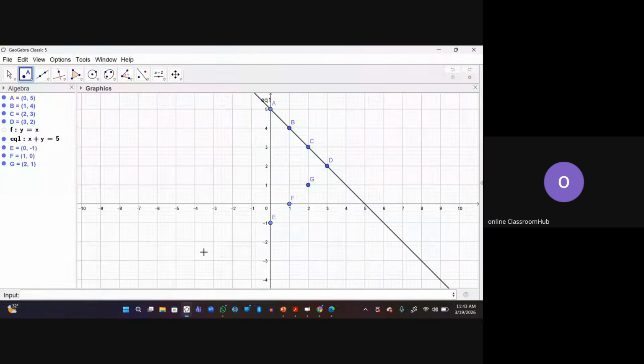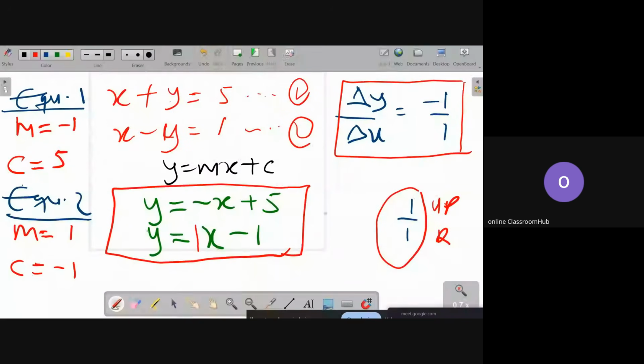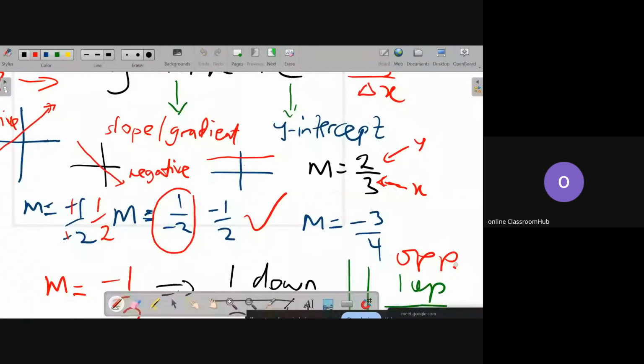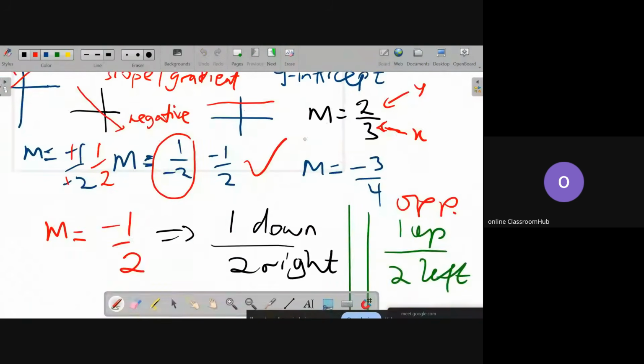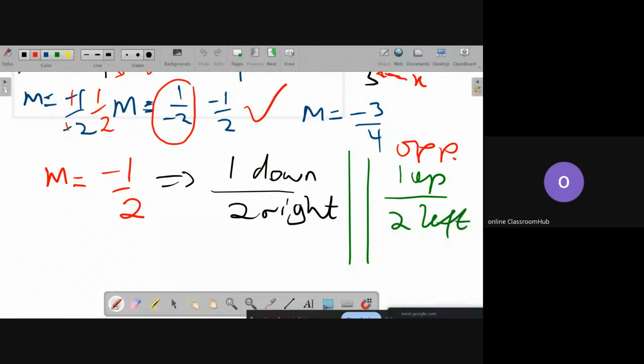For opposite direction, if the gradient is -1/2, originally it is one step downwards, two steps to the right. Opposite will be one step up, two steps to the left. Do you get it? Yes, sir.